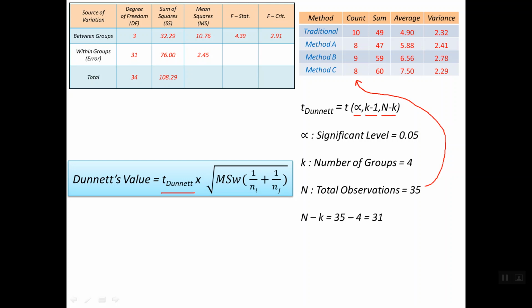So capital N minus k is 35 minus 4, which is 31. Notice that capital N minus k, which is 31, represents the degree of freedom for the error, which is inside the one-way ANOVA table.